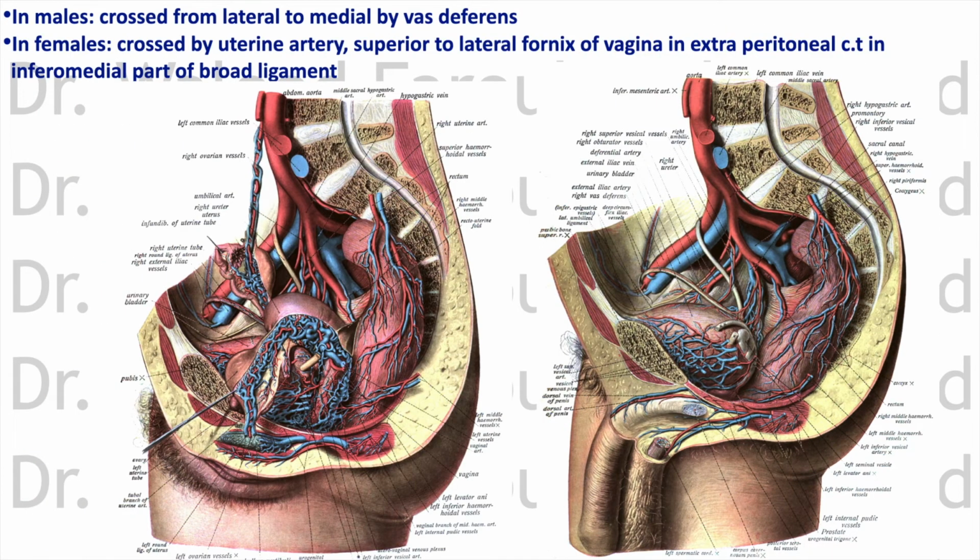In males, before it pierces the bladder or enters the bladder, it's crossed by the vas deferens or the ductus deferens, as you can see here in the male. In the female, they are crossed by the uterine artery right above the lateral fornix of the vagina.